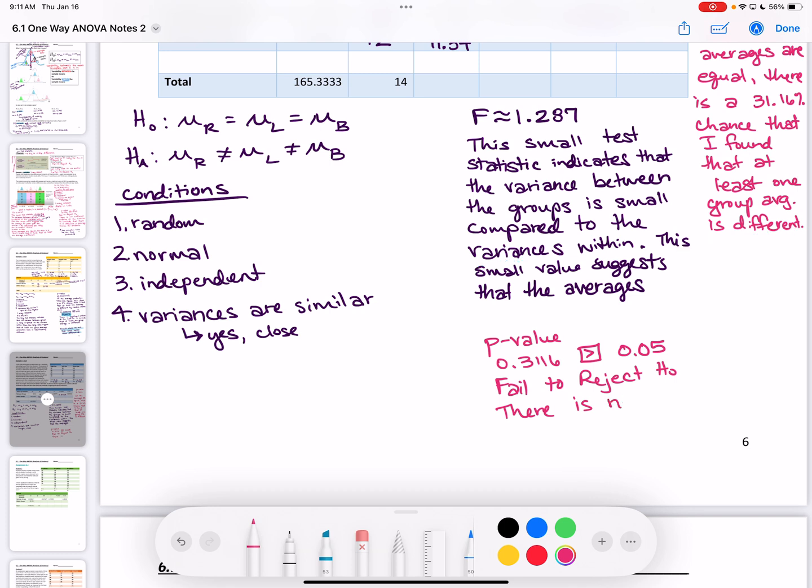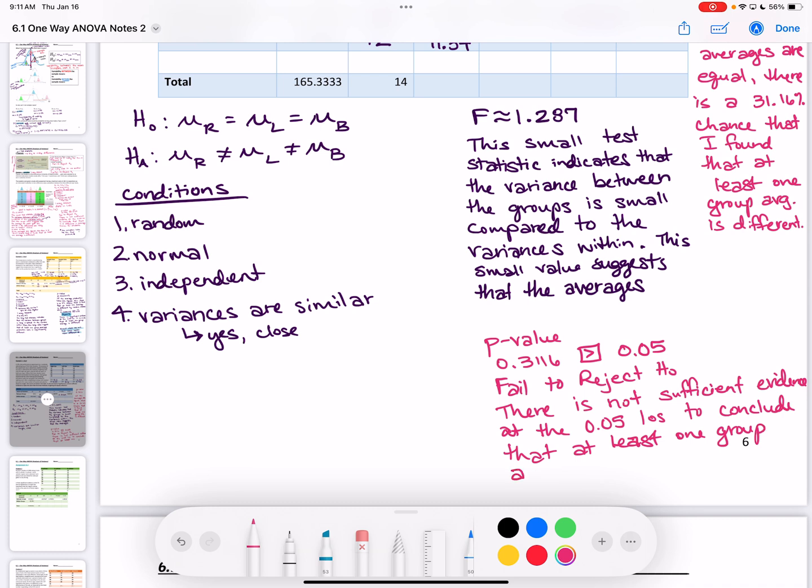If you get fail, there's not, okay? So there is not sufficient evidence at the 0.05 level of significance to conclude your alternate. So to conclude that at least one group average is different.